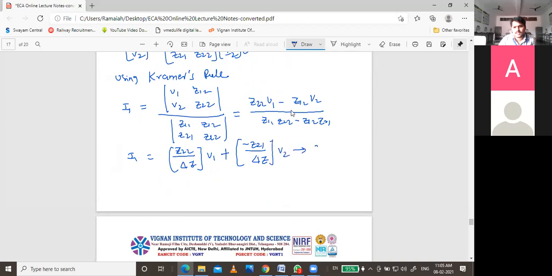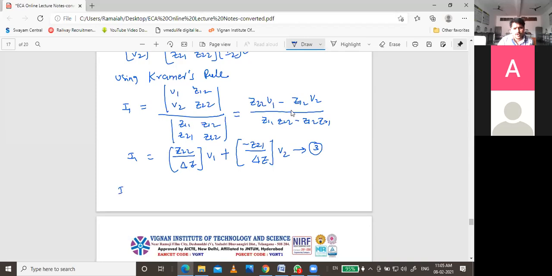This is equation number 3. Now compare equation 3 with equation A: I1 equal to Y11 V1 plus Y12 V2. Therefore Y11 is this value, and Y12 is this value.